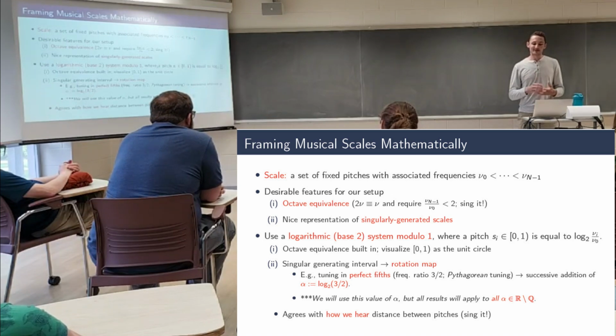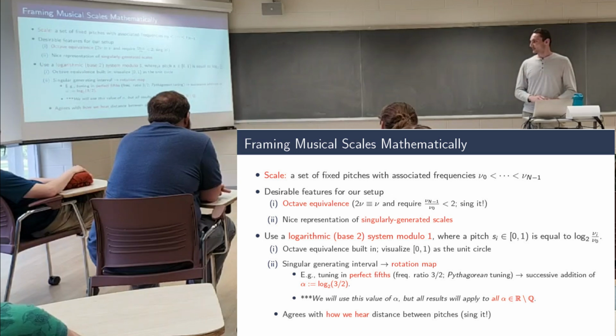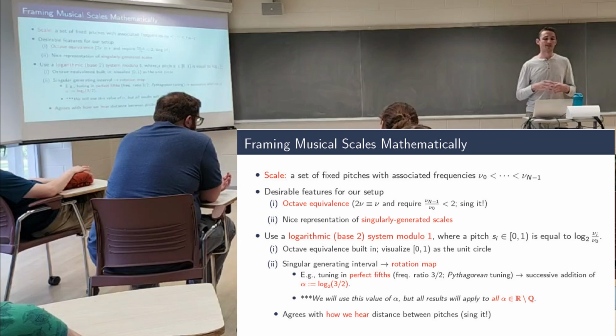So we can visualize the interval 0, 1 as the unit circle, where 0 is the rightmost point, and we go counterclockwise until we get back to the origin, which is also 1. So in this system, 0 and 1 are considered equivalent because frequencies in a ratio of 2 to each other are considered equivalent. So that's the first feature.